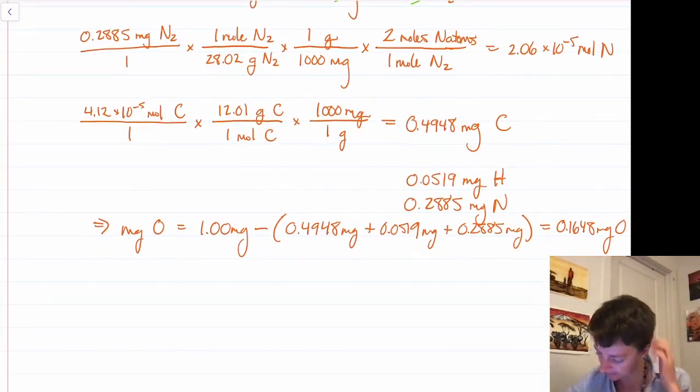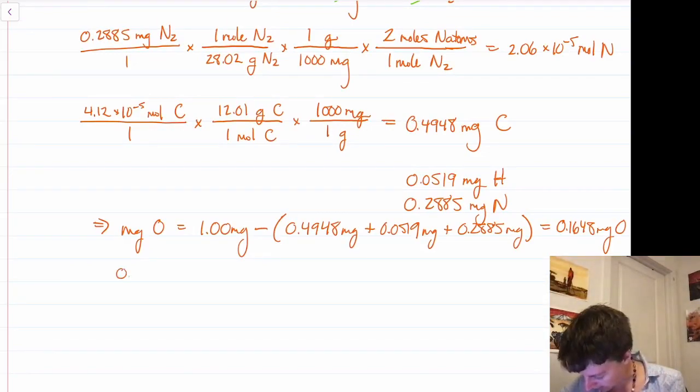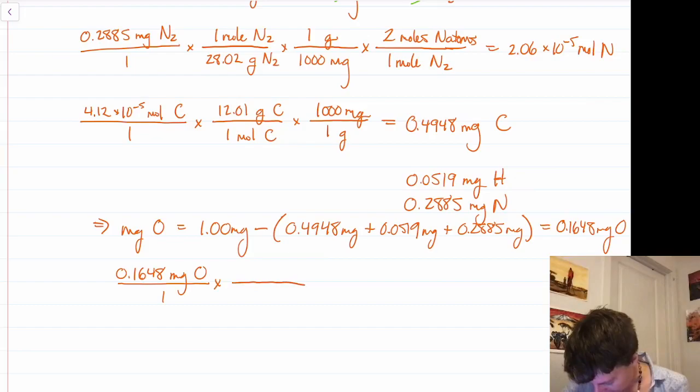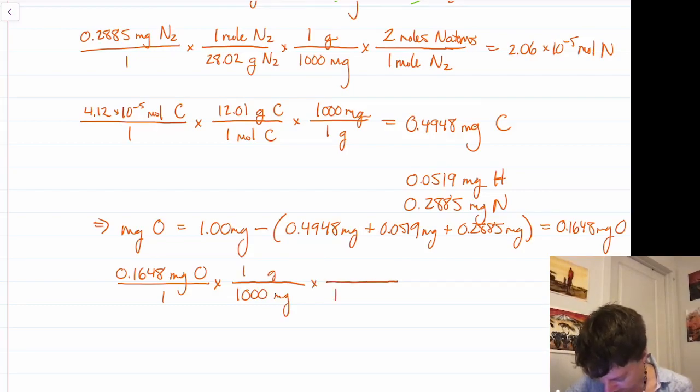The very last step that we need to do is do a grams to moles conversion for oxygen. Remember, in this case, we're starting off easy with just the amount of oxygen atoms in milligrams. And so I'm going to use my milligrams to grams conversion, and then also the molecular weight of oxygen, which happens to be 15.999 grams of oxygen for every 1 mole of oxygen.